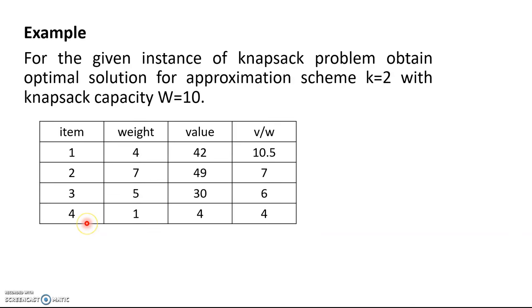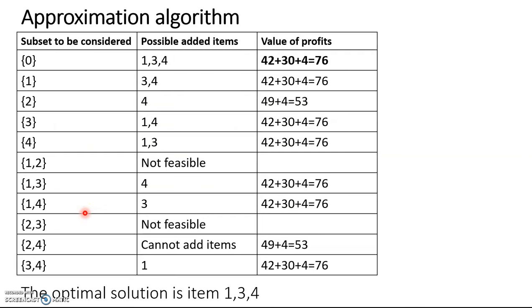Moving to item 4, it has weight 1. Already my sack has items 1 and 3 with weight 9. If you add 1, you get 10, which is also within the capacity of the sack. So totally I can put item 1, item 3, and item 4 into the sack.